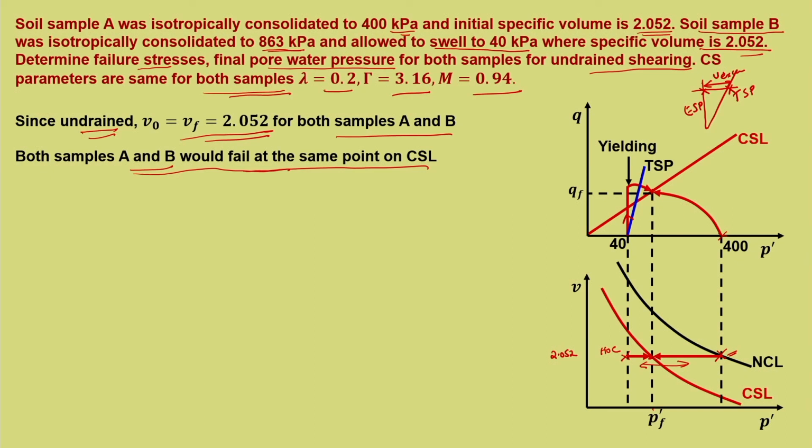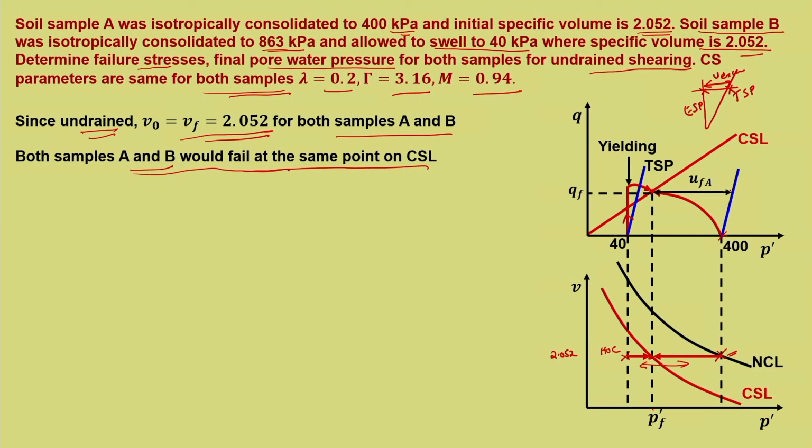So, that is what we need to find out, and hence we need to have the total stress path, and it is very clear the total stress path will have a slope of 3, that also we know. So, at both the initial points, at 400 as well as 40, we need to find out the final pore water pressure. Now, here this difference, this is the failure point.